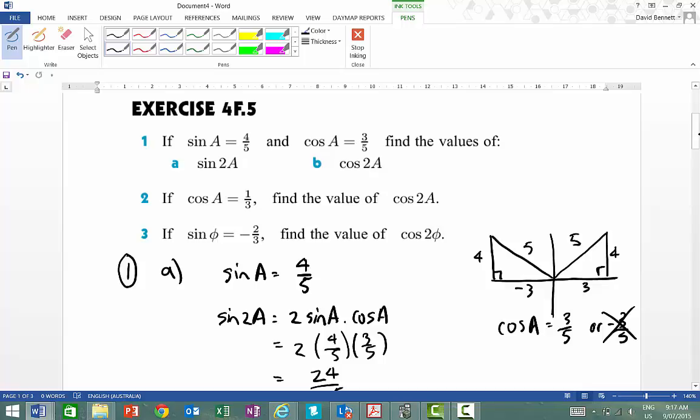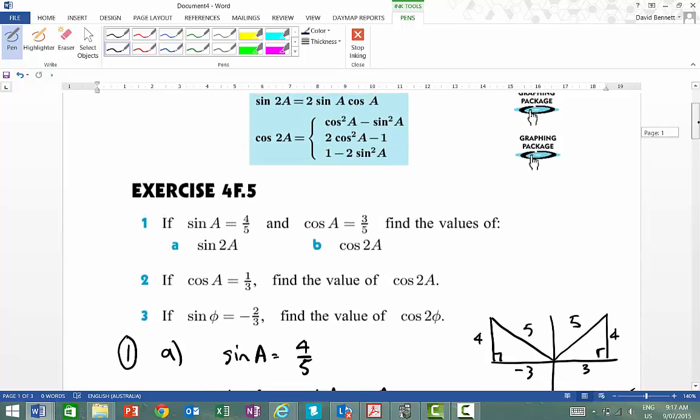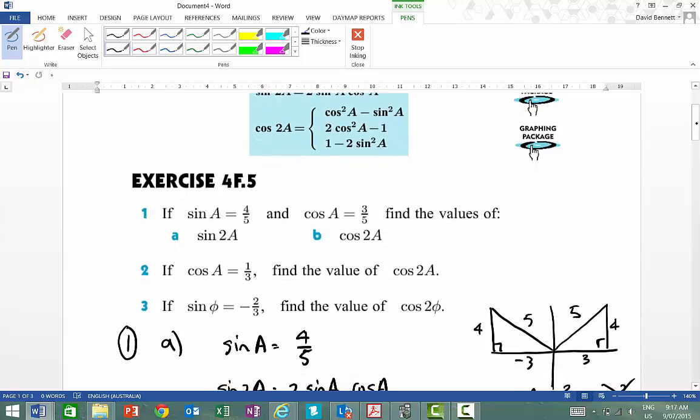In this next one though, we're only given the cosine value, equal to 1/3, and we have to find cosine of 2a. Because you've only been given the cosine, I'd pick one of these forms which has only got cosine in it. So if I was doing number 2, I'd be using the relationship 2 cos squared a take 1.